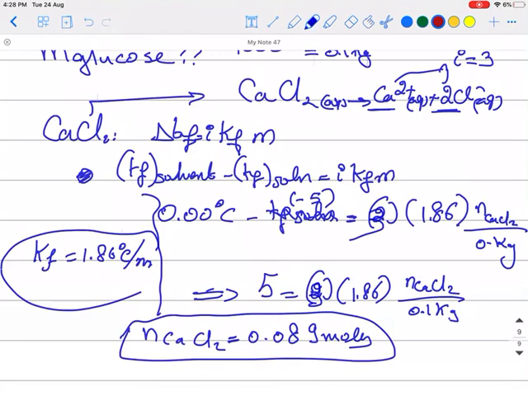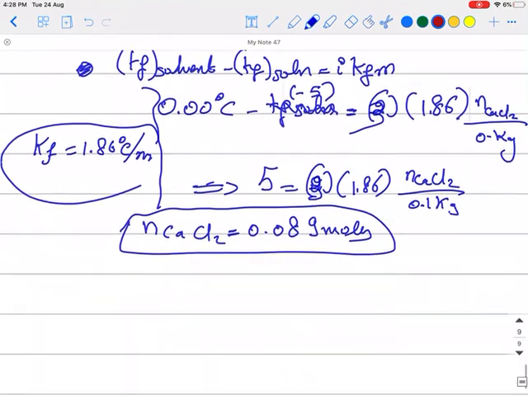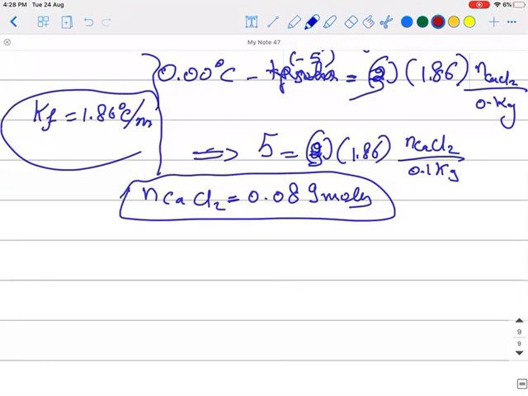Why did I find the number of moles of calcium chloride? Because I need to relate it to the number of moles of glucose and then find the mass of glucose that he asked for. Let us do a comparison between calcium chloride and glucose, the one whose mass I want to find.